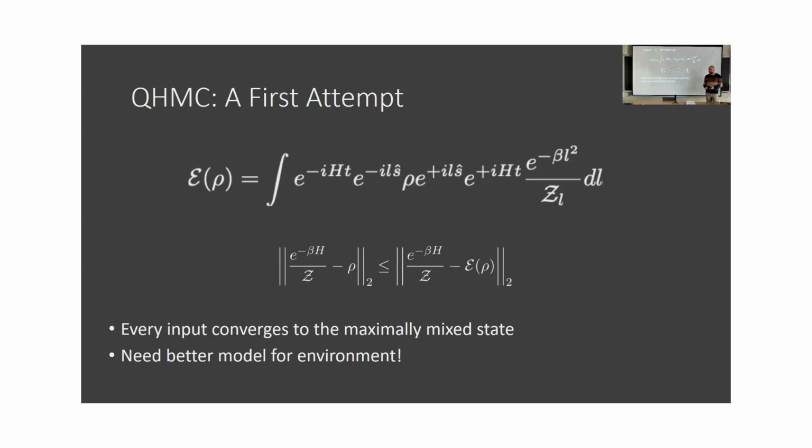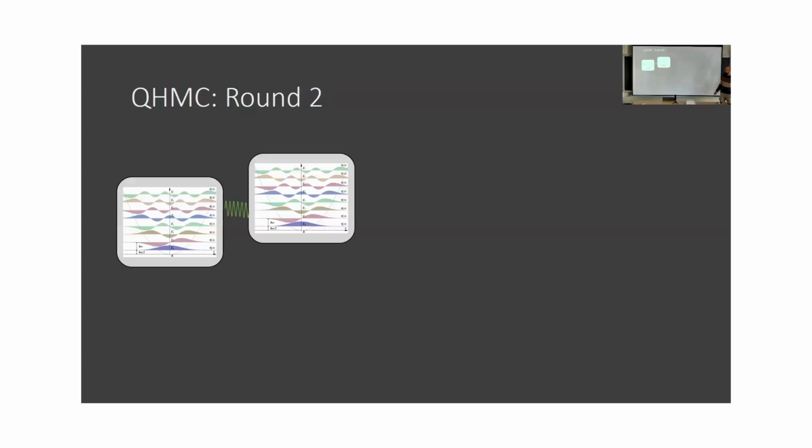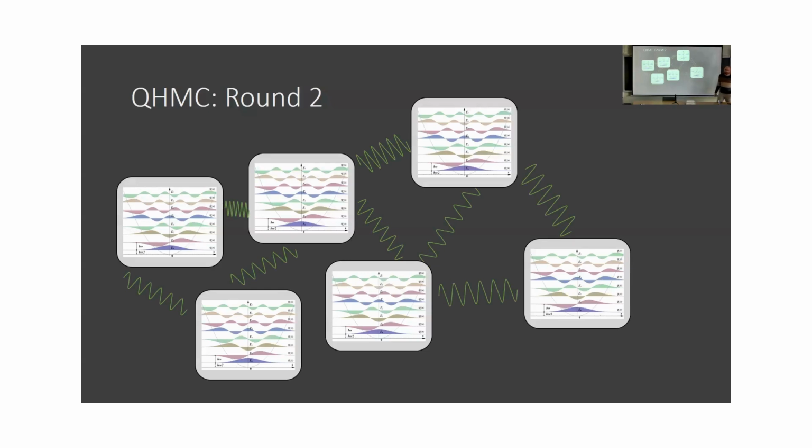And so the solution to this is we need to come up with a better model for the environment. The way we went about that was, okay, let's take our quantum system, let's look at just a harmonic oscillator, and let's see what happens if it randomly interacts with a bunch of other harmonic oscillators. So this is like an ETH-style argument that we attempted.